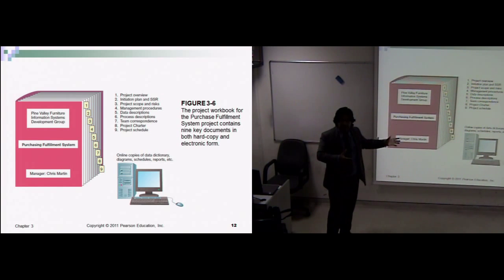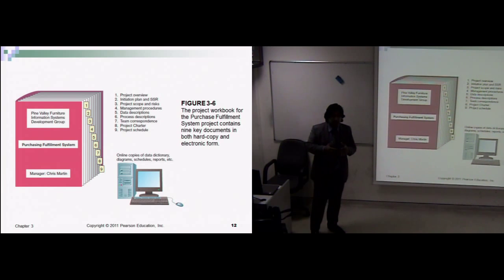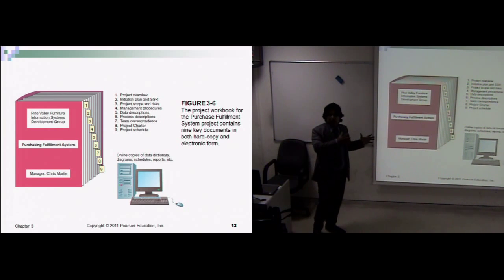Every detail is going to be defined in this workbook. Then management procedures, data descriptions, process descriptions, they will define and describe them in this book. Team correspondence, project charter and project schedule.